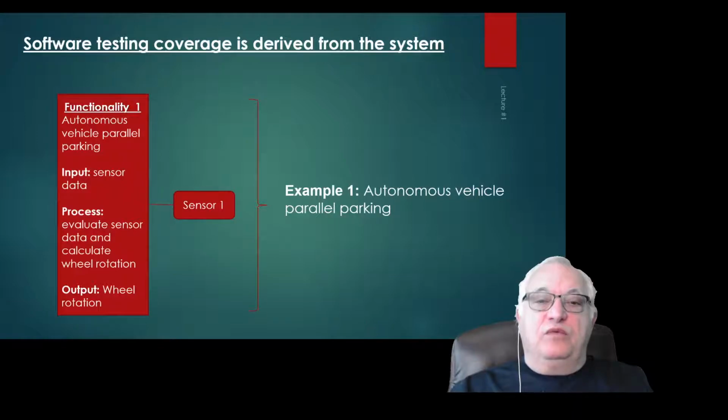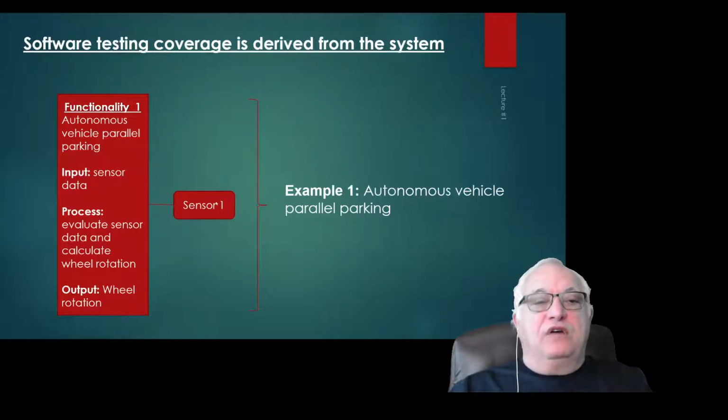So in this first example, what I have is an autonomous vehicle parallel parking system. Basically, you drive your car to a location, then the operator presses a button and the car automatically parallel parks. For this particular function, which I call function 1, autonomous vehicle parallel parking, the input is going to be sensor data.